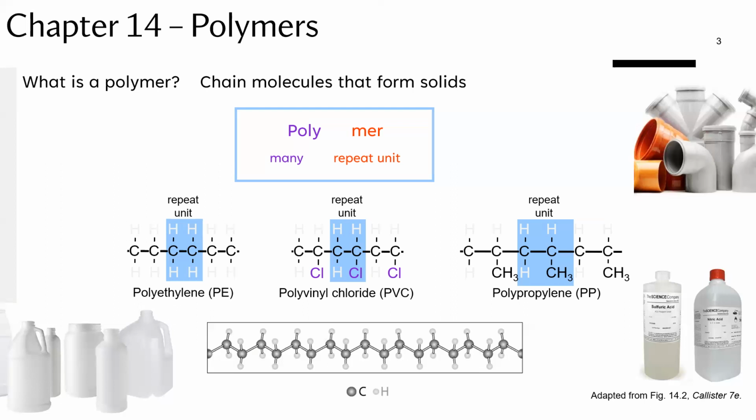The one you see in the middle is PVC, a material commonly used in these large tubes that you use in construction to carry fluids, and also to host cables and stuff. So polyvinyl chloride is also a very important polymer.